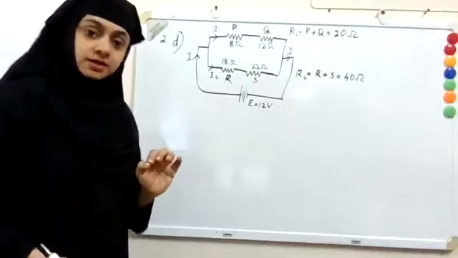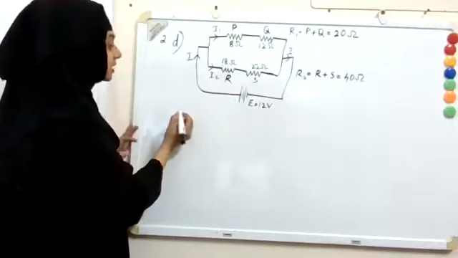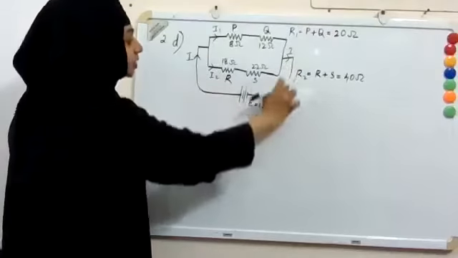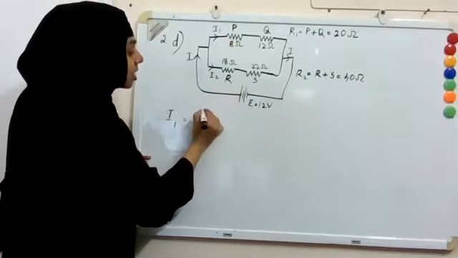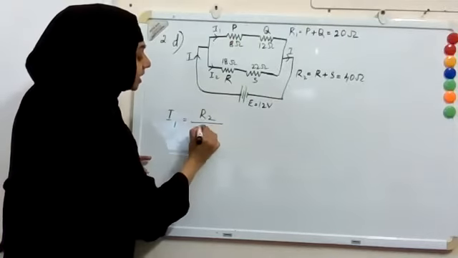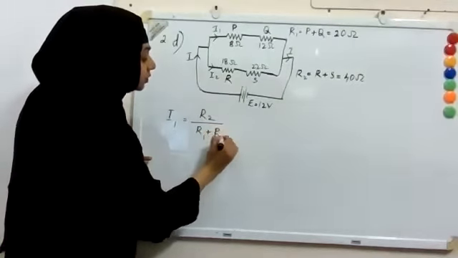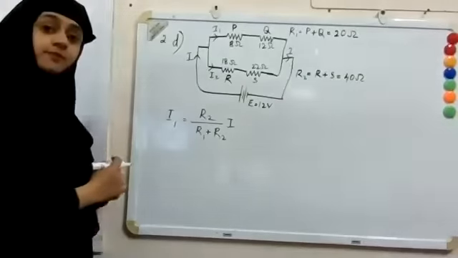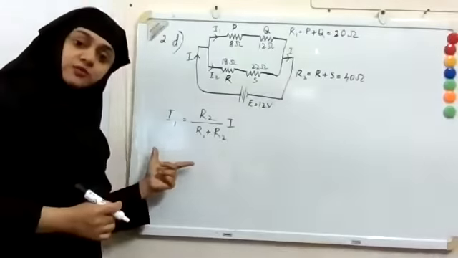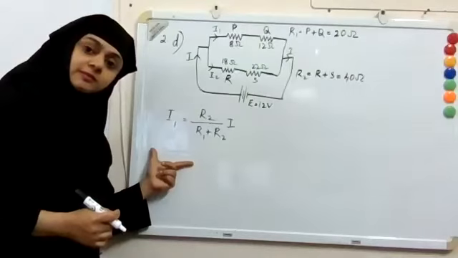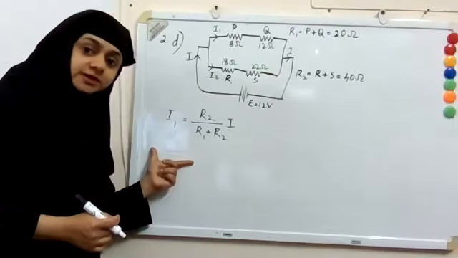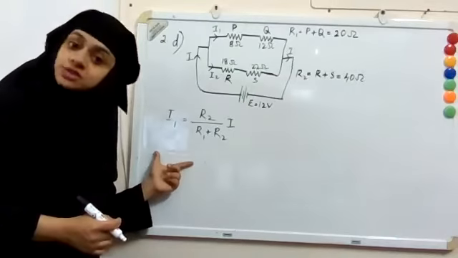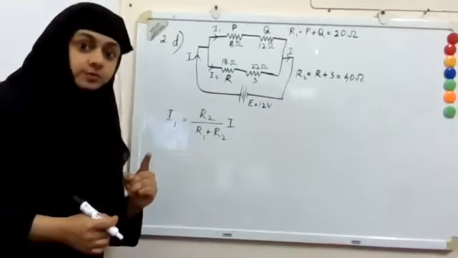One of the methods is to find I1. You have to find I, the total current. I1 will be equal to R2 divided by R1 plus R2 into main current I. Do you remember from where I got this equation? We used this previously in solving one of the problems.